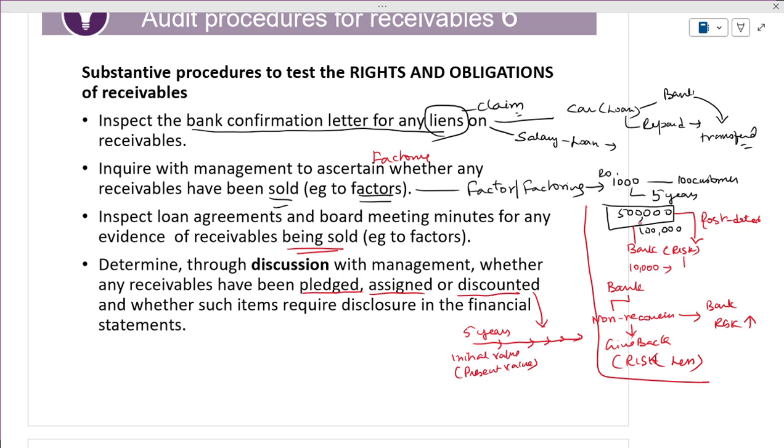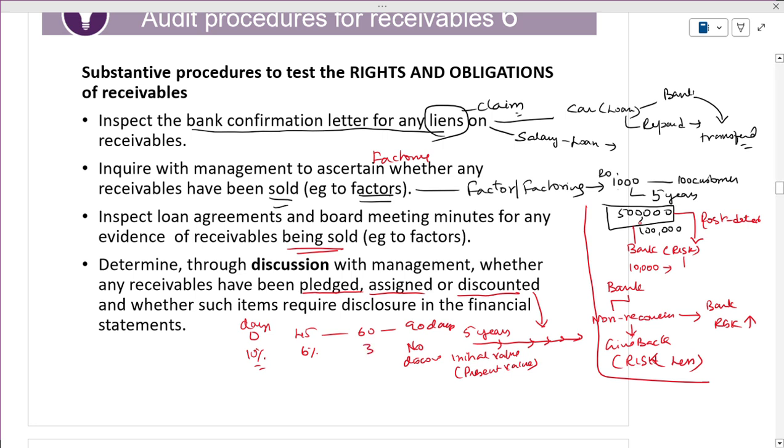See the thing: 0 days, 45 days, 60 days, 90 days. If it is 90 days, no discount. If it is for 0 days, they say we are giving 10% discount. Here we are giving a discount of 6%.